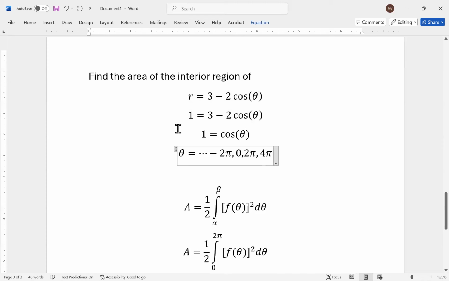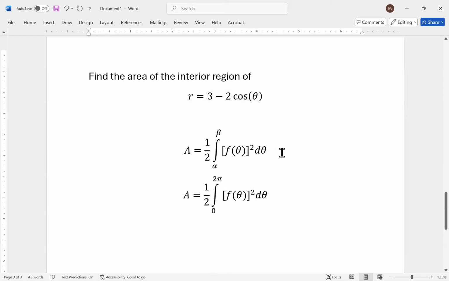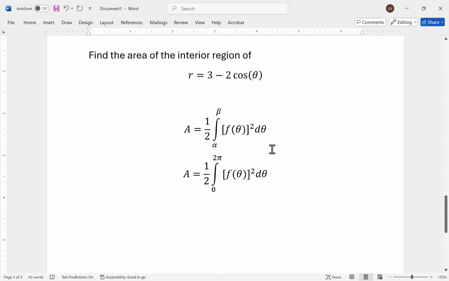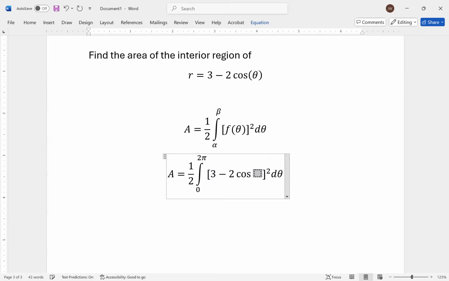But going back to the same point, r equals 1 is probably the best one to use. So we could find the bounds that way algebraically too. That's the whole point. My function just gets replaced with 3 minus 2 times cosine of theta.